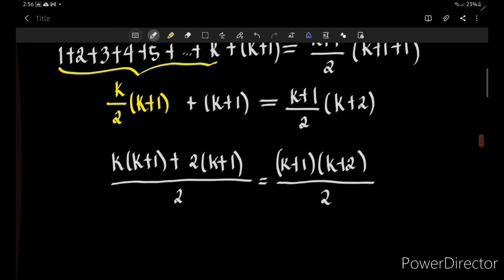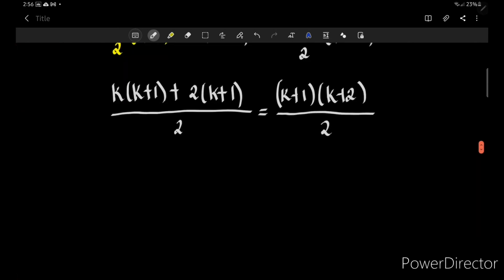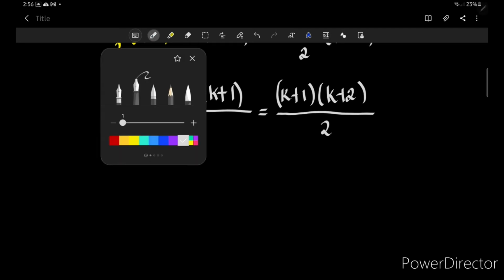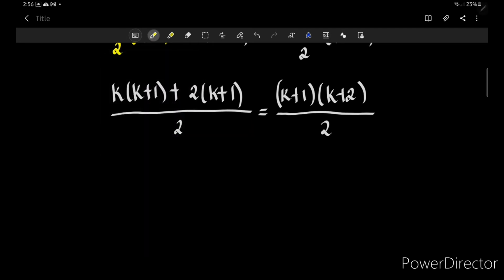Okay. Paano natin yan gagawin yung magkaparehas? Okay. Kung mapapansin natin, dito sa equation na to, okay, k plus 1 is present at each term. Pwede natin yun i-factor out. Now, kapag finactor out natin siya, makakakuha tayo ng k plus 1 times k plus 2 all over 2. Okay?